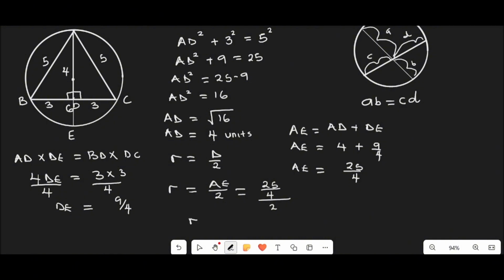So R equals 25 over 4 multiplied by 1 over 2, which is equal to 25 over 8. So the radius of the given circle is 25 over 8 units.